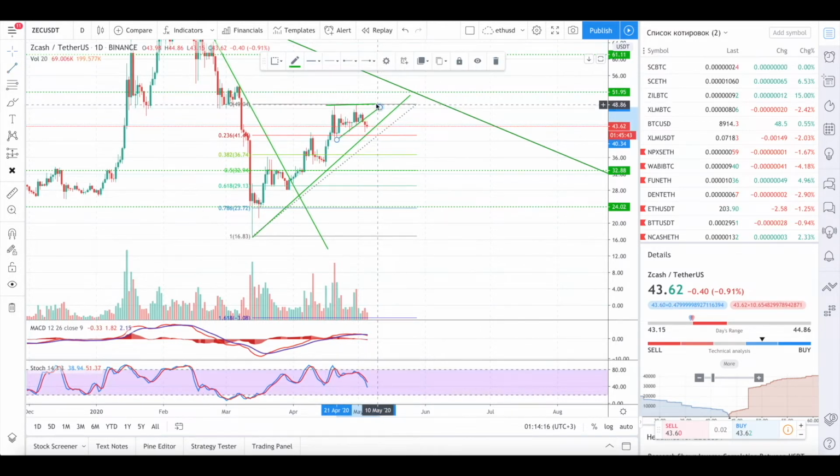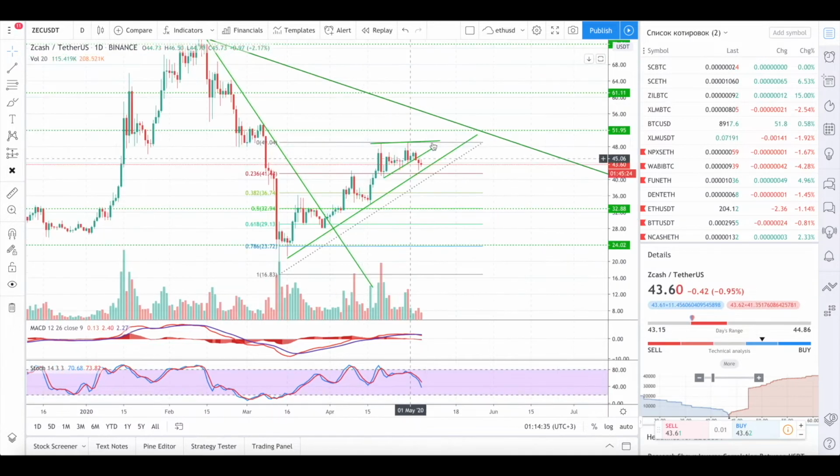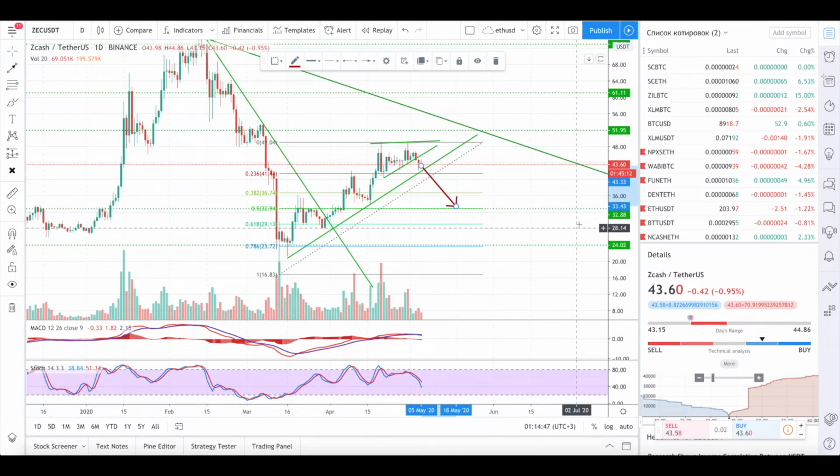Here a local triangle has formed, which is much better visible in a lower time frame, but this triangle has been broken down, and now the price has only its local uptrend line as support, and now we are observing whether the price breaks its trend or not.